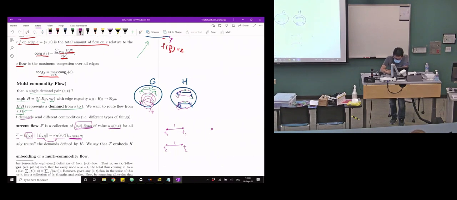And then the graph G, maybe it's like a cycle. Maybe like this to be more interesting. This is H. This is G. And let me write it with color.